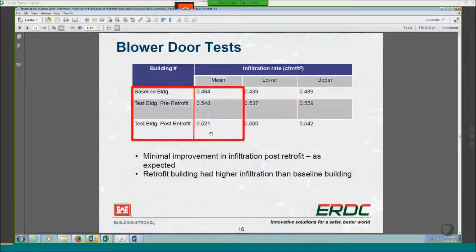However, keep in mind, we used polyiso in between the panels, and that's porous. And so we expected some decrease in infiltration, and that's what we saw here. Again, this is maybe another side benefit or added benefit to MAI, but it's not really a primary benefit that we were looking at.